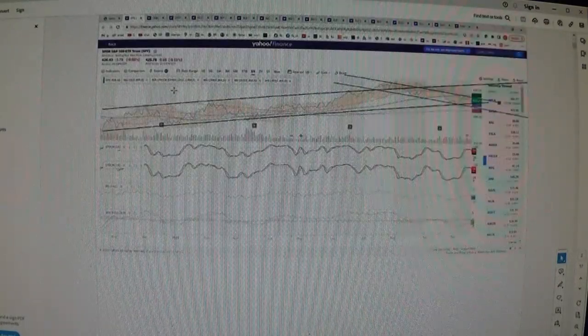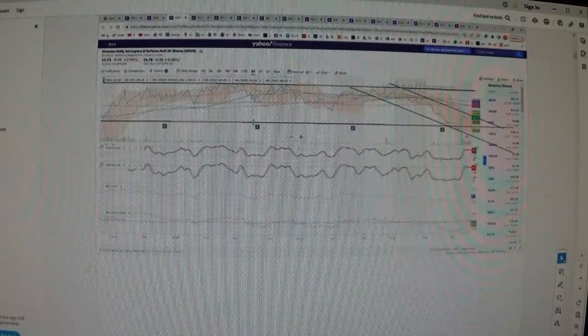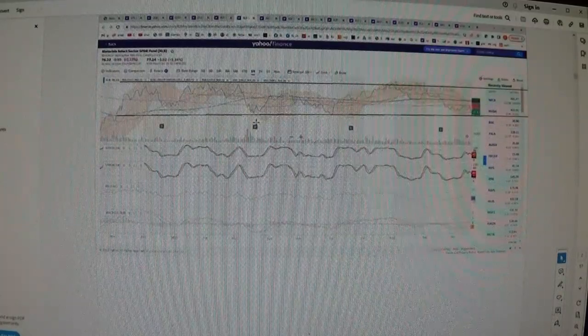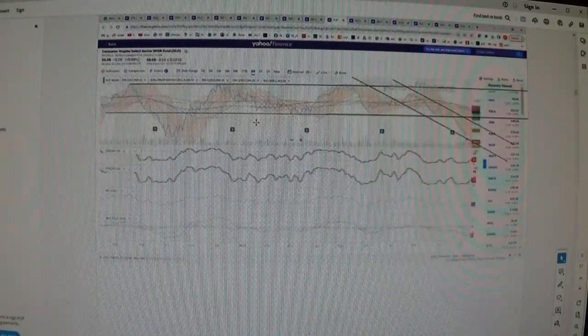So what we do is every week I map out the indexes that we're following, and I draw the trend lines. And I do that for all the stocks we're following too. So you can see that we're very predictable in most of these indexes we're following. Let's look at the AT&T.